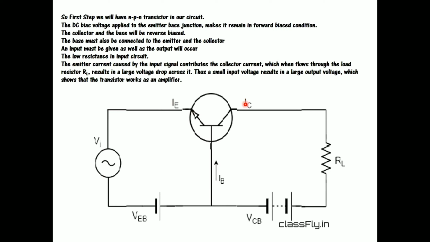That collector current flows through the load resistor RL, that means it will go through this load and cause a very large voltage drop. Thus a small input voltage will result in a large output voltage, which shows that the transistor will work as an amplifier. So I hope you all understood how this works.